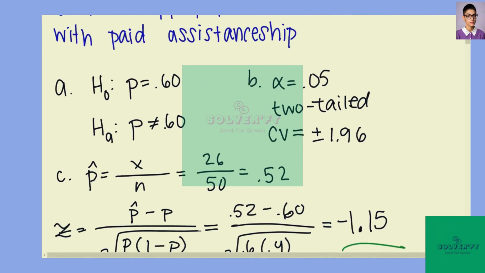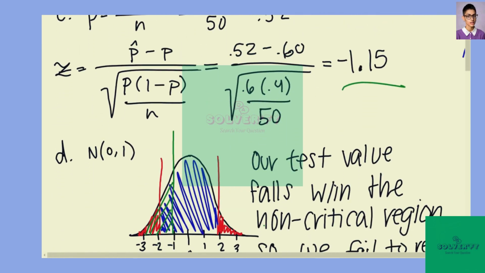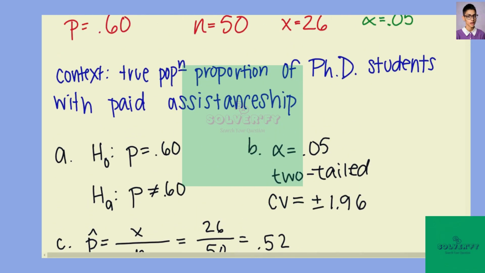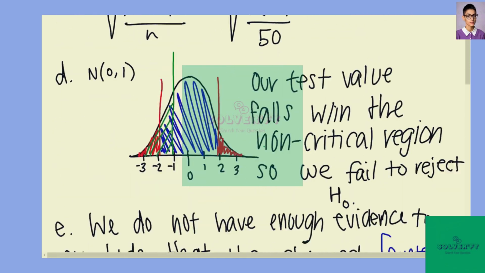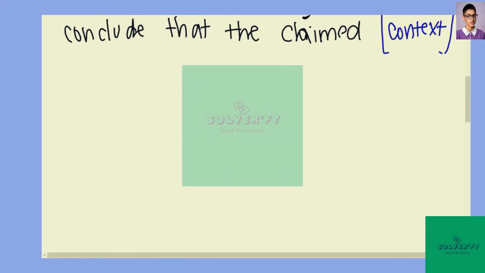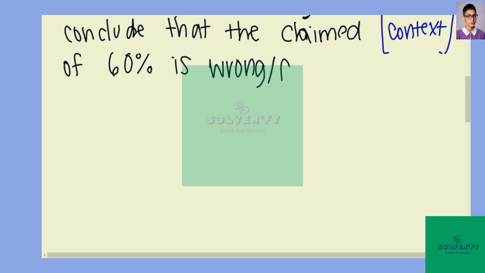I wrote it above in blue, so that's where this would go. Of 60%, because that's what their claim was, do not have enough evidence to conclude that that is wrong or false.